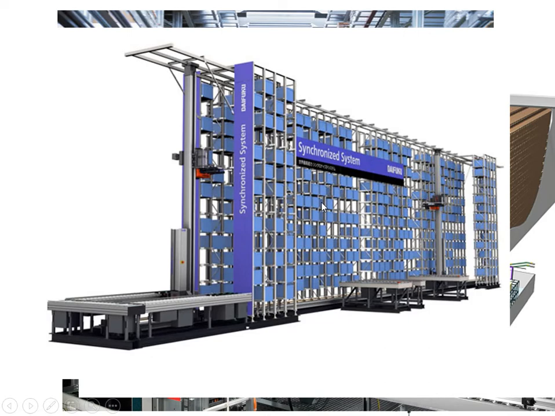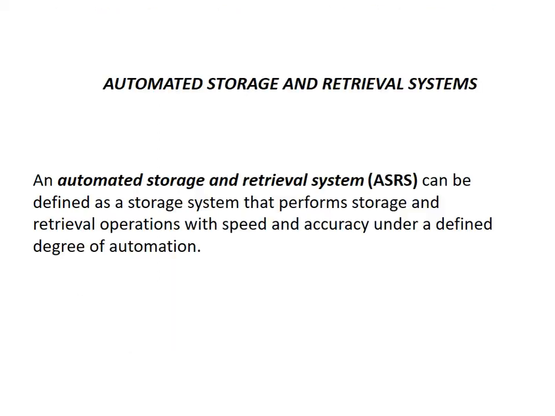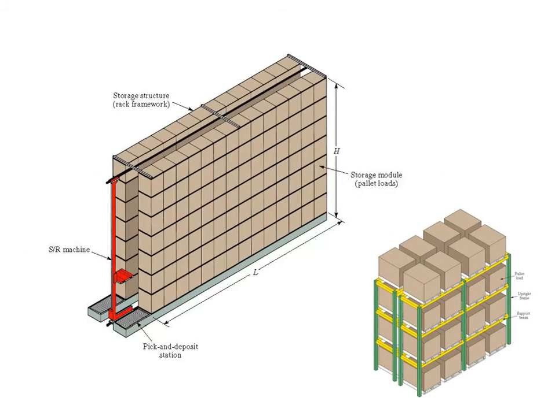Normally this kind of arrangement we call palletization, and this palletization is used for the automated storage and retrieval system, where you can store and at the same time retrieve with speed and accuracy under a defined, limited degree of automation. So here, as I said before, these are the pallet loads. All these units we call pallet loads, and together, grouped, we call it palletization.